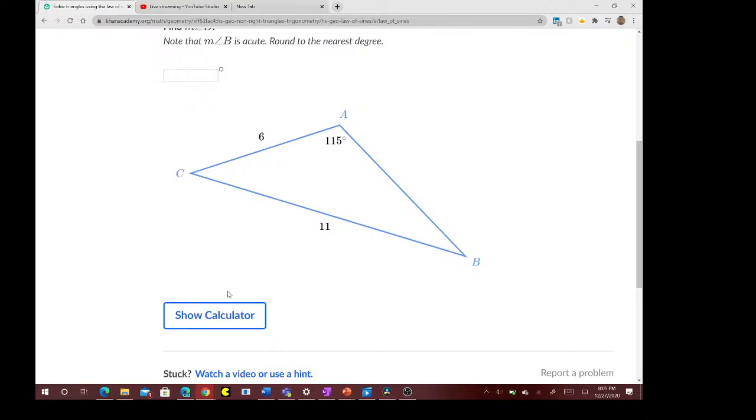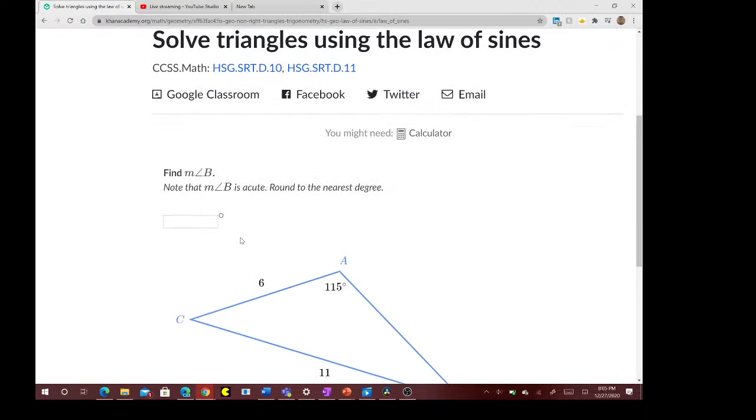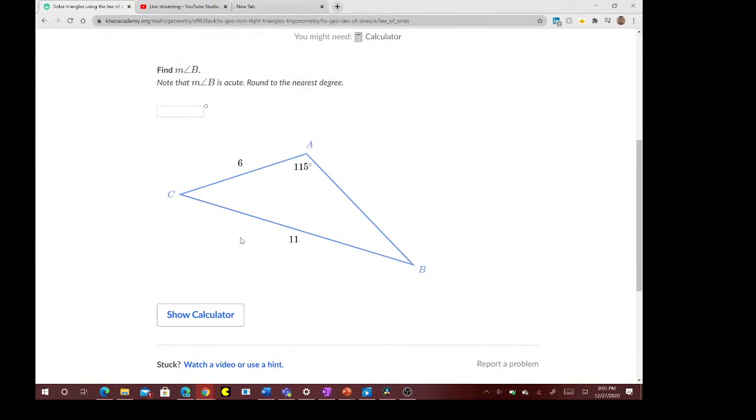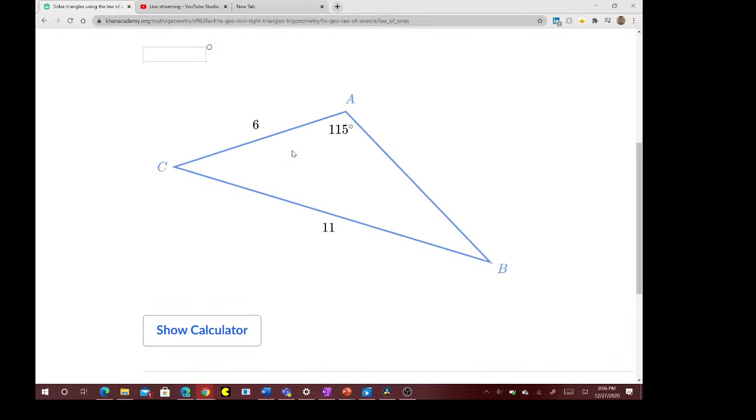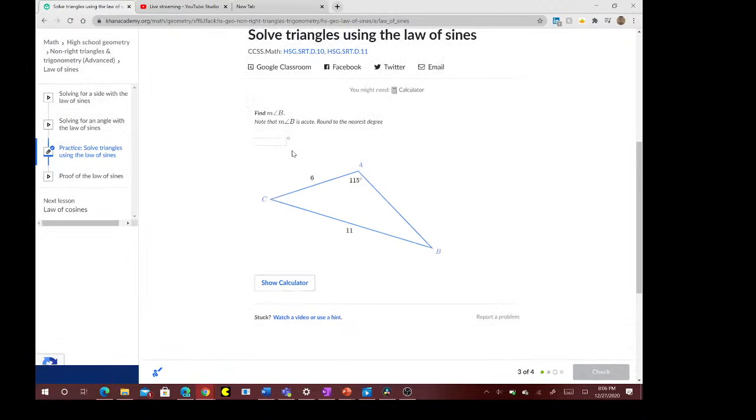I don't know if y'all do this in geometry, but if you do, that's good as well. I put law of sines, right? Yes. So we're gonna do law of sines. We're not gonna do law of cosines yet because law of cosines is a whole other topic.